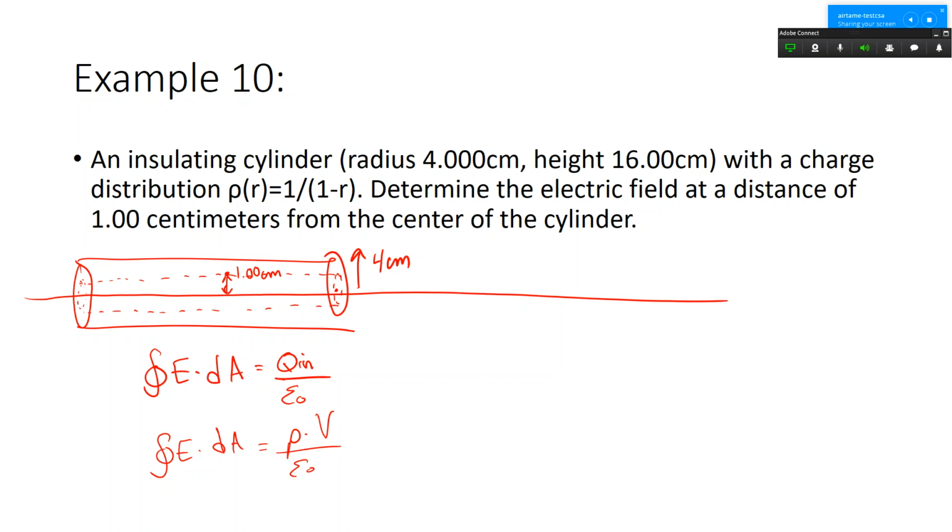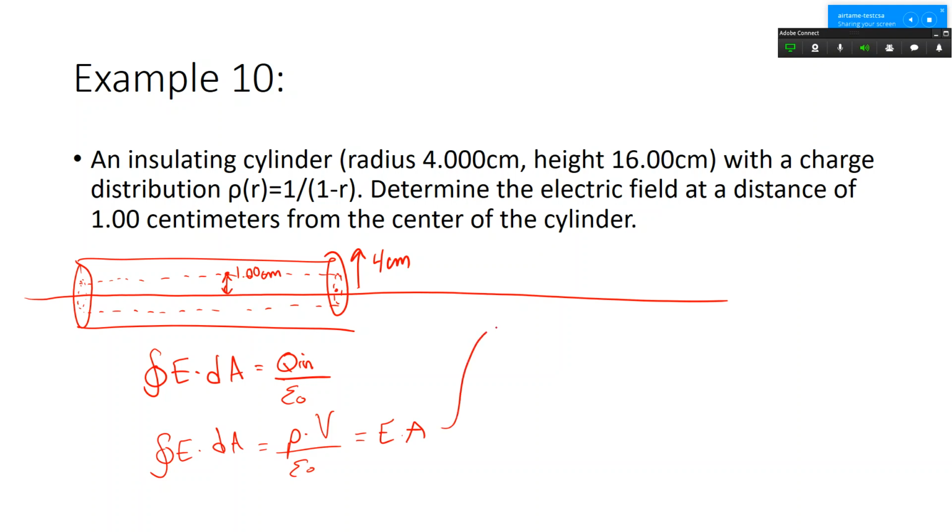Is my electric field uniform at that point? Yeah, so I can take it out of the integral. Is my area a nice shaped area? So I can remove this here and change it to E times A.